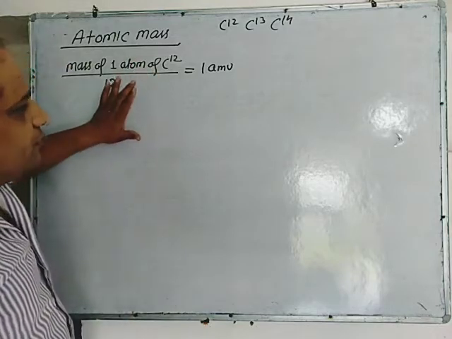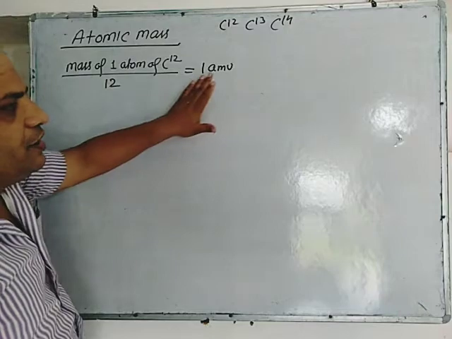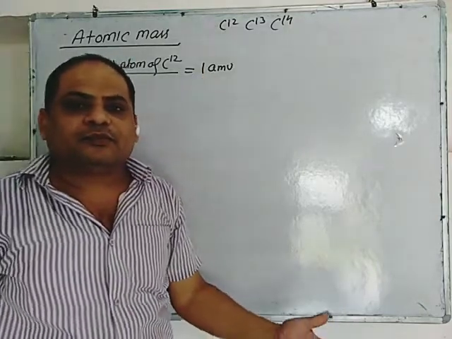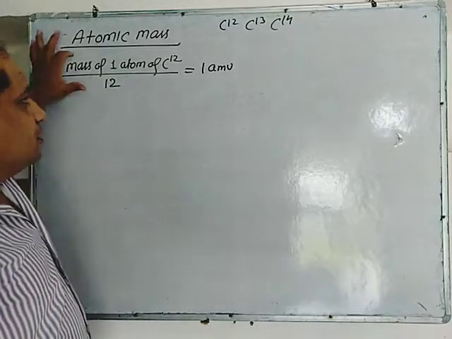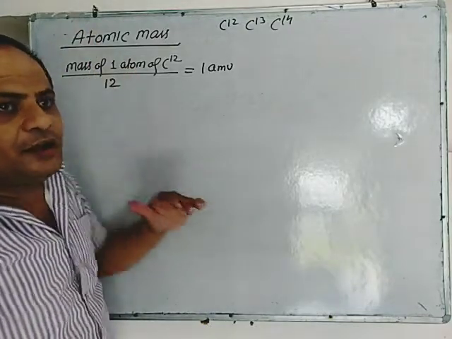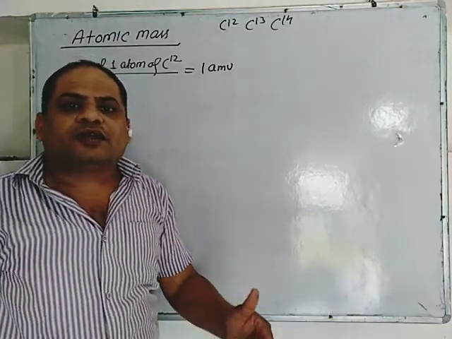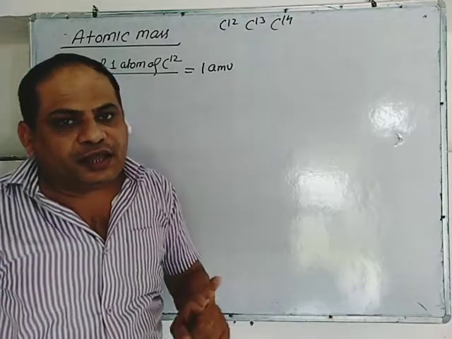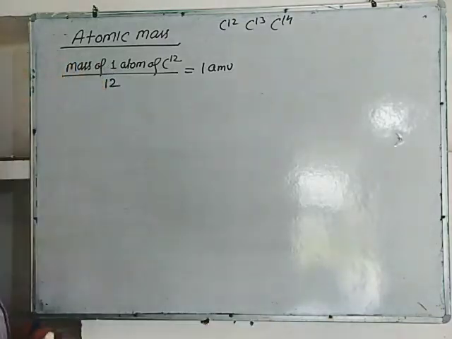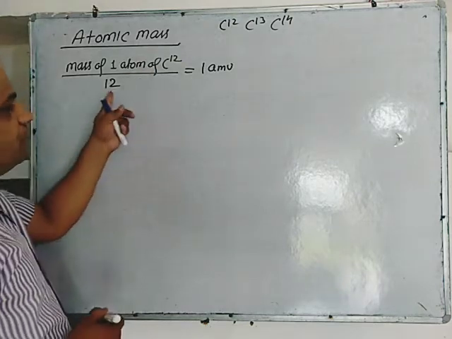So, its 1/12 mass is taken as 1 AMU, and any other atom that is so many times heavier than this 1/12 part of carbon-12, its atomic mass is that many AMU. So 1 AMU is equal to mass of one atom of C12 upon 12.